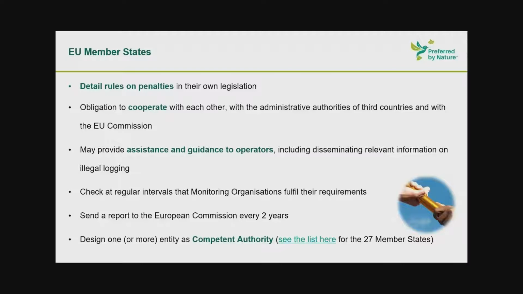Every 2 years they make a report about their progress and their doings. And of course, importantly, a competent authority, one or various. We have seen, for example, in Spain, there are a lot of competent authorities for each province or each state. Other countries just have one organism that is the competent authority.